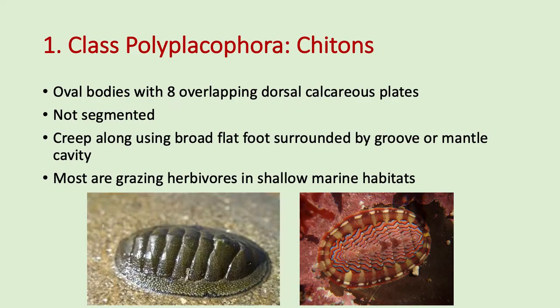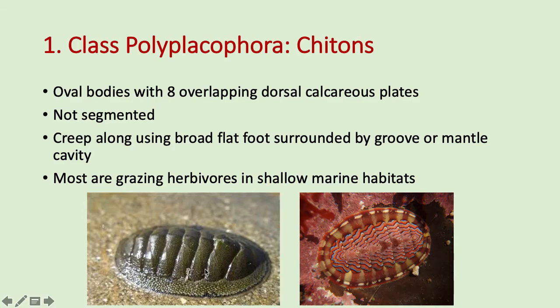Okay, first up, class Polyplacophora. Poly means many, and placo is referring to these calcareous plates here. So we see this oval-shaped body with 8 dorsal calcareous plates. Dorsal means back. 1, 2, 3, 4, 5, 6, 7, 8.